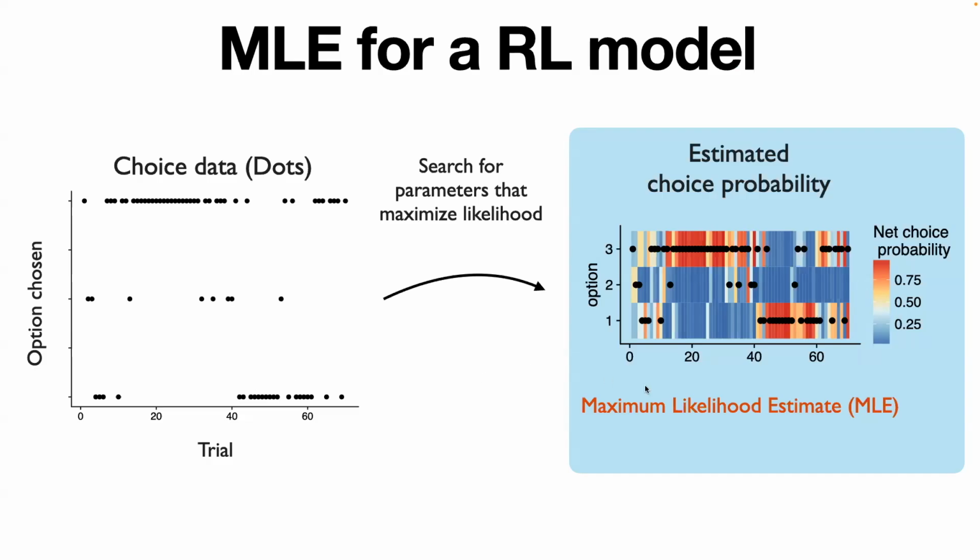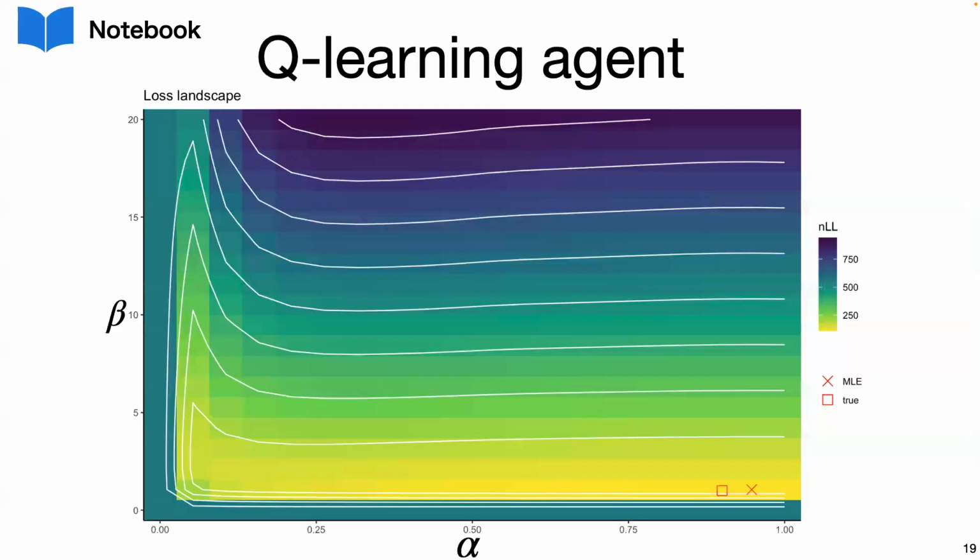Once we've estimated the parameters, these color bars represent the net choice probability from that model, equivalent to what the model simulation would yield on the parameters we've estimated.